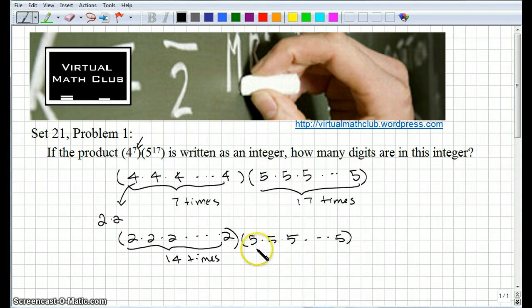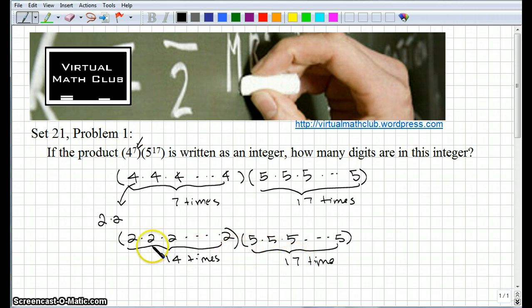And the key to this problem is to recognize that you can pair 2s with 5s and get 10. So how many 2s can we pair with the 5s? We've got 14 2s and we have 17 5s.